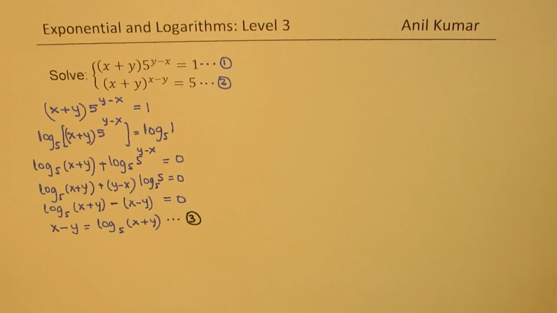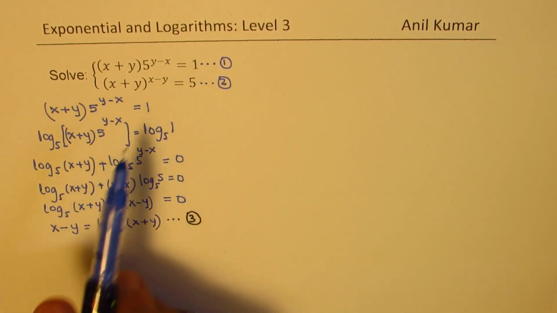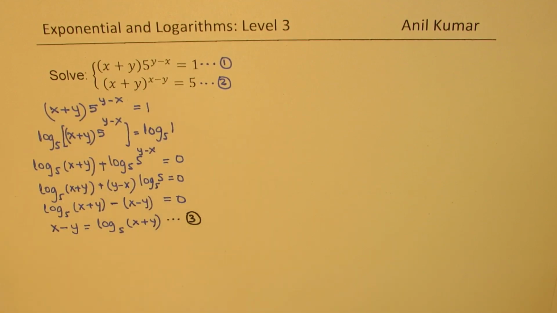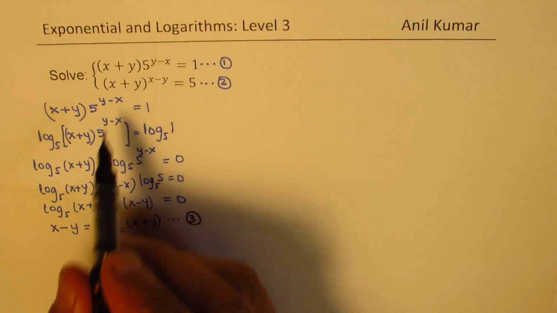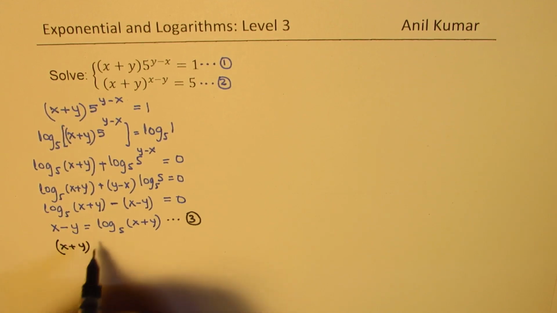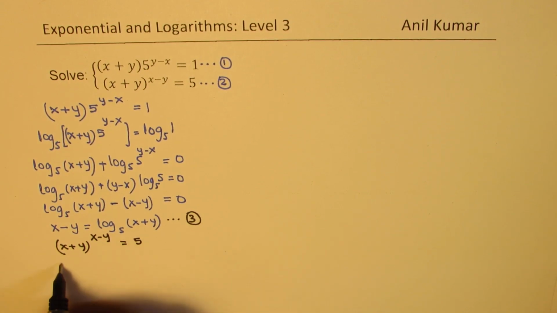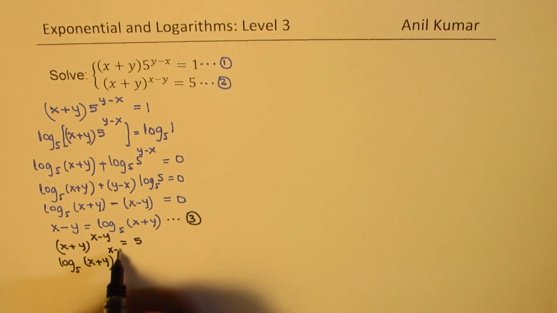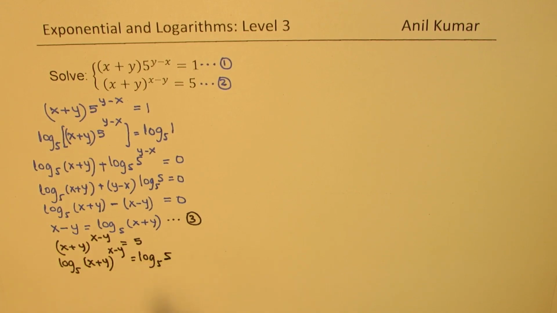Now let us also solve the second equation, taking log on both the sides. So we get here (x plus y) to the power of x minus y equals 5. Taking log, we get log to the base 5 of (x plus y) to the power of x minus y equals log to the base 5 of 5, right?